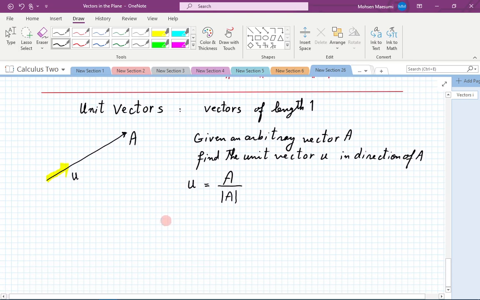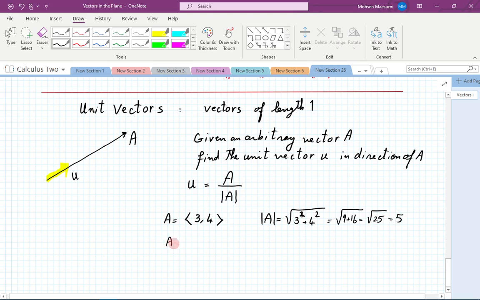Let's take a simple example. Suppose A is the vector 3, 4. First of all, how long is A? Well, you apply the Pythagorean formula, 3 squared plus 4 squared. You know from long ago, this is a lucky coincidence of this becoming a whole number, 5.